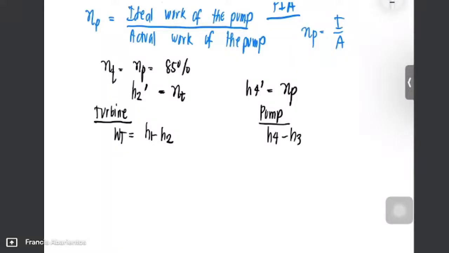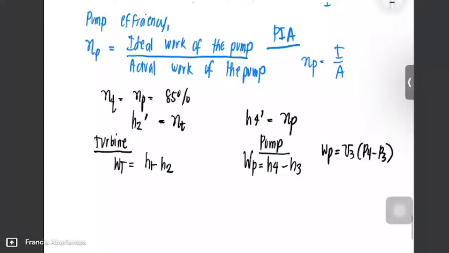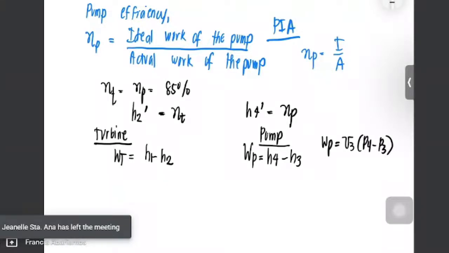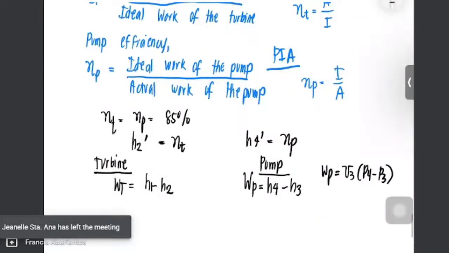Pero hindi naman talaga to yung ginagamit natin. Pag nakukuha tayo ng work of the pump, we make use of this one. Okay. But since we have now the actual, in the actual Rankine cycle, maulan class. Okay. Ito muna yung gagamitin natin when given sa atin yung efficiencies.